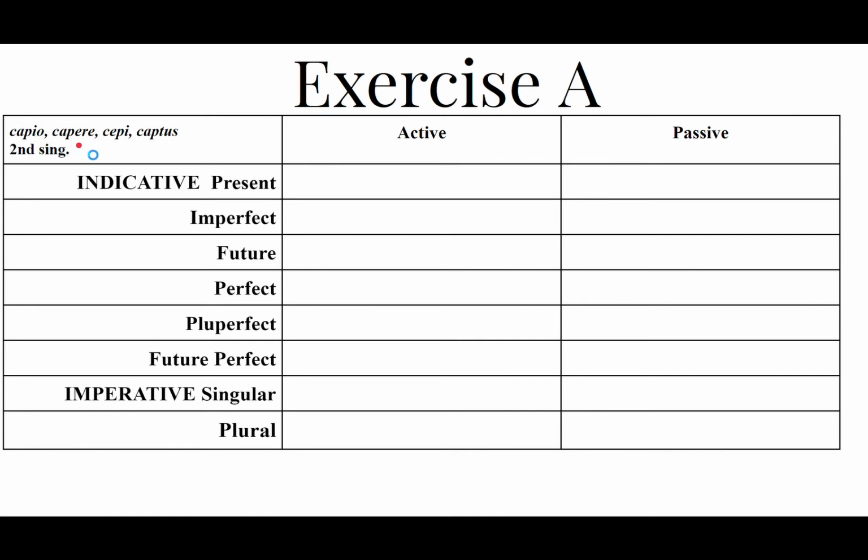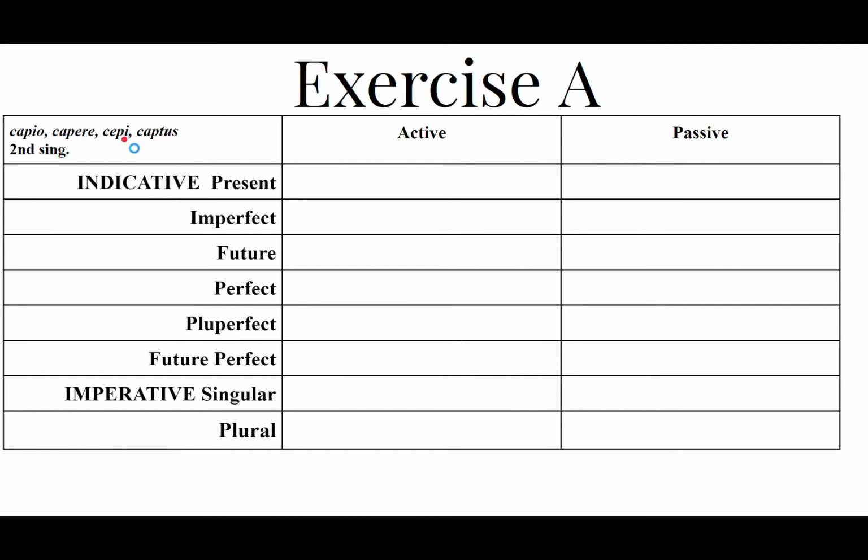Capio, capere, cepi, captus. So, like the third conjugation, you go to the first principal part and chop off the O to get to the present stem. The present stem is capi. Now, you can always tell the present stem of a 3rd-io because it ends in an I. The second principal part will have an ere, capere, and then the third and the fourth, just like all the other verbs: the third ends in an I, pronounced e, the fourth ends in an us.